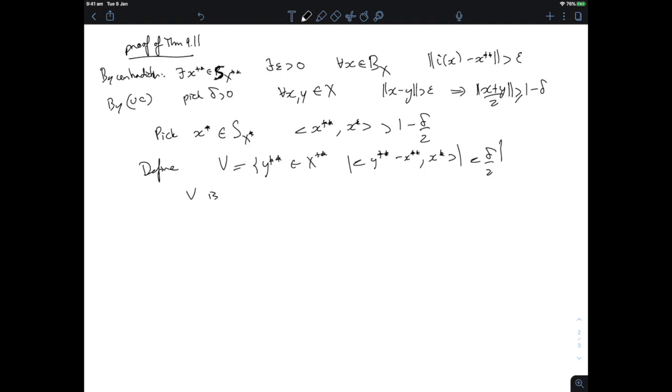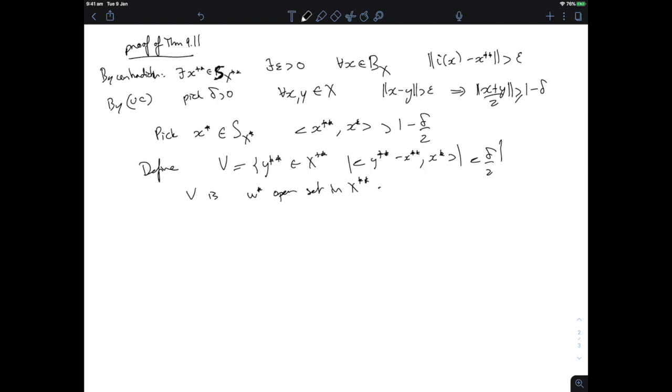So V is weak star compact, sorry, not compact at all, it's weak star open. It's a neighborhood of x double star in the weak star topology of X double star, testing against a single element x star. And so it's a weak star open set in X double star.